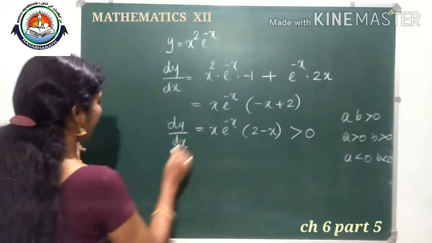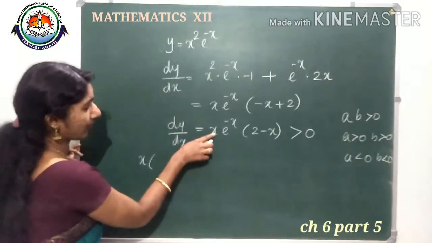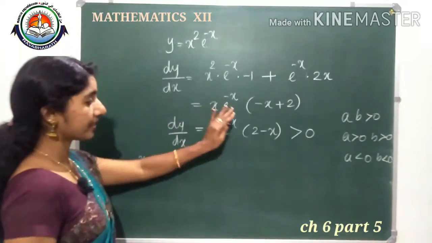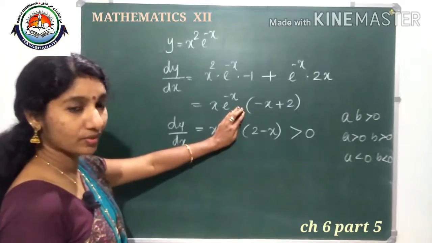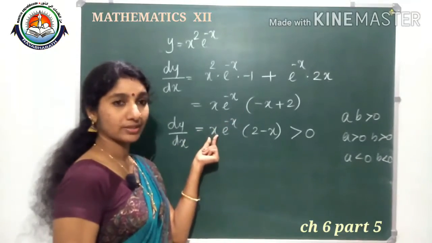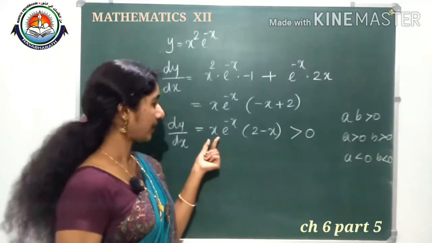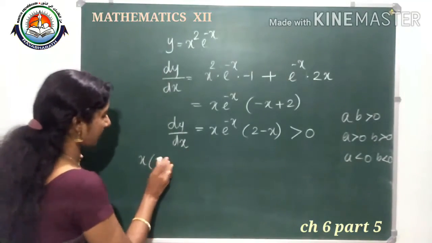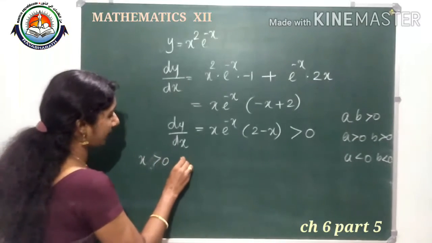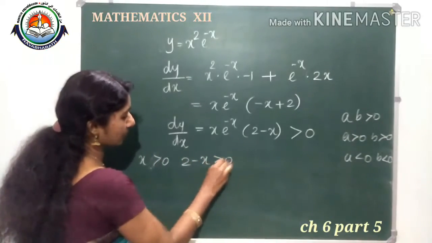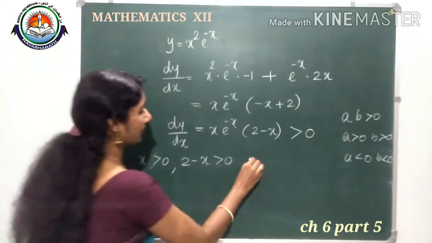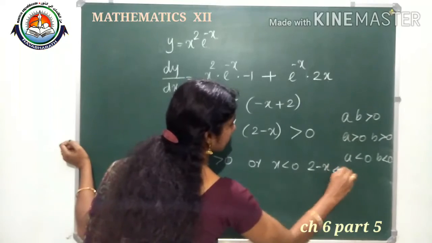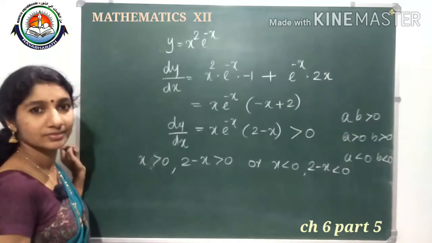So, to make x into e raised to minus x into 2 minus x a positive quantity, e raised to minus x is already positive, so we need to think about x into 2 minus x. So, x into 2 minus x should be positive. That means x greater than 0 and 2 minus x greater than 0, or x less than 0 and 2 minus x less than 0, isn't it?